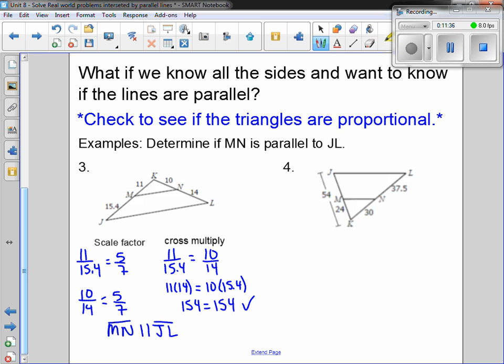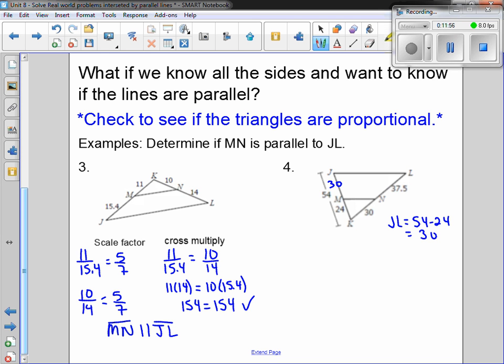I'm going to continue with the cross products. So in number 4, you can see that I have an entire side, so I need to subtract. So JL is 54 minus 24, which is equal to 30.